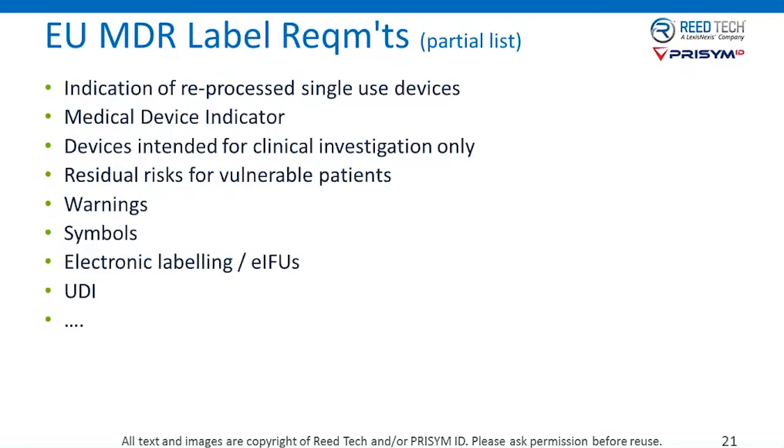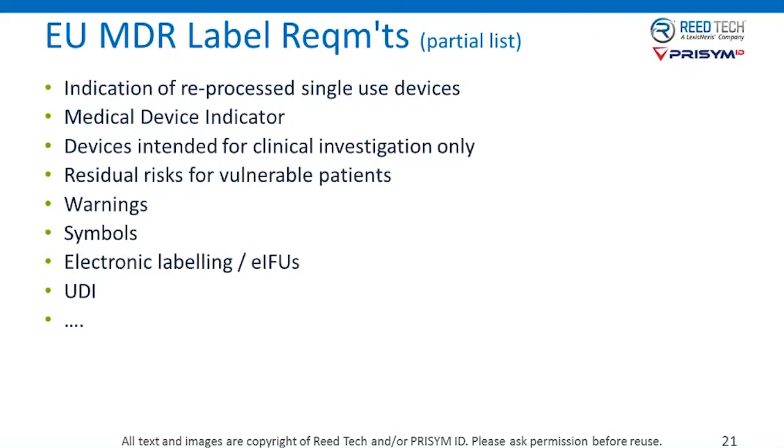As to the impacts to the labeling, there's a complete chapter in the MDR and IVDR regarding the content that appears on labels. Much of that is similar to what has been in place with the directive in the past. These are some items that are new or have seen some changes.